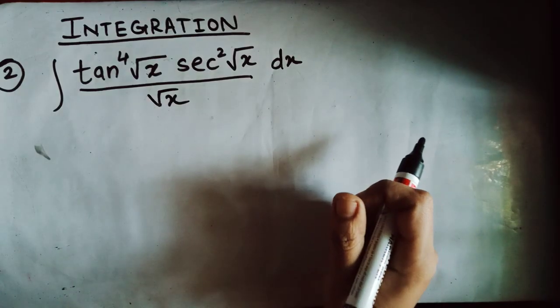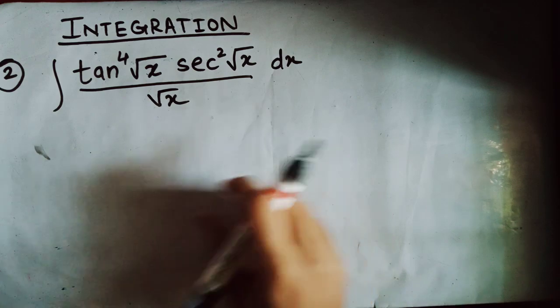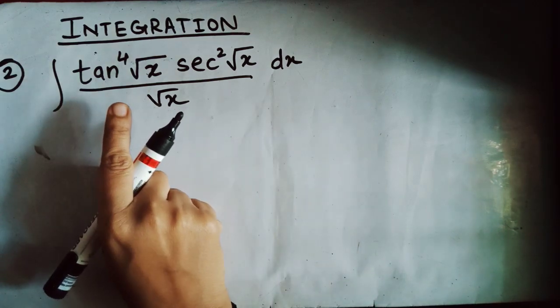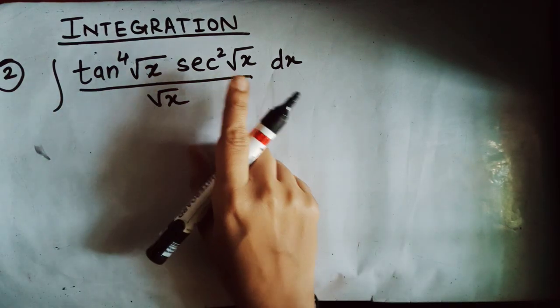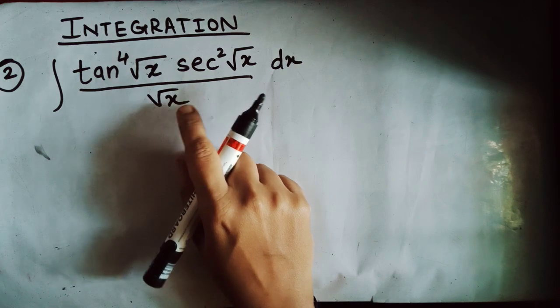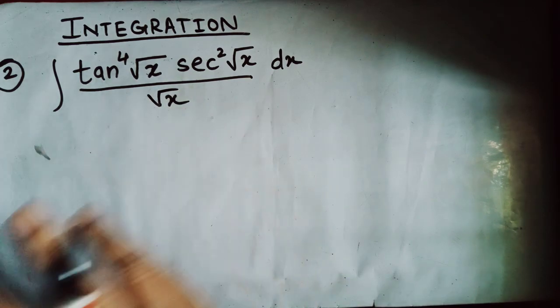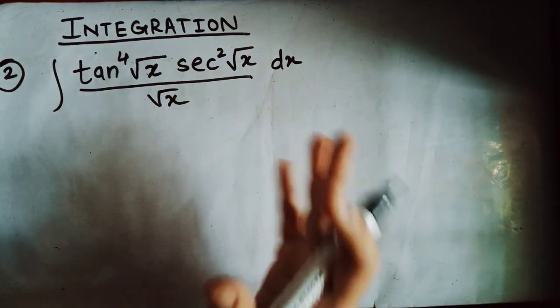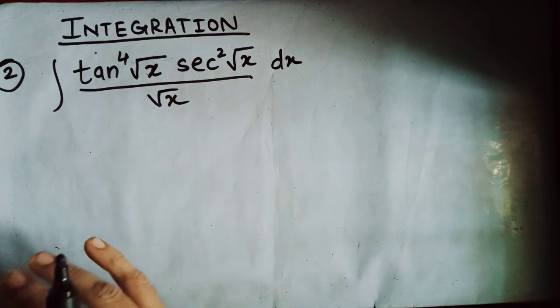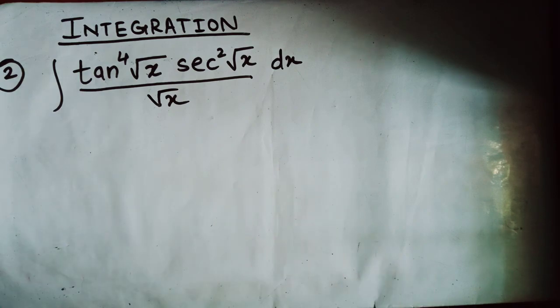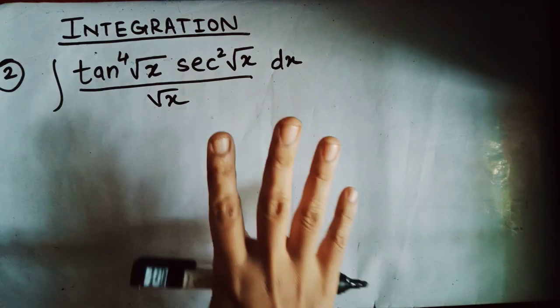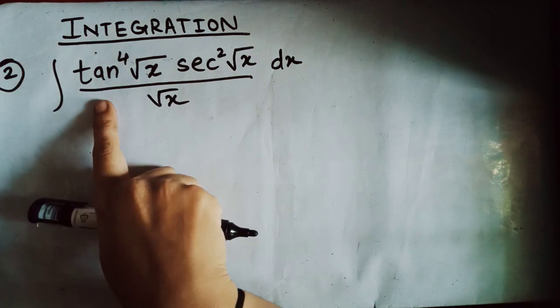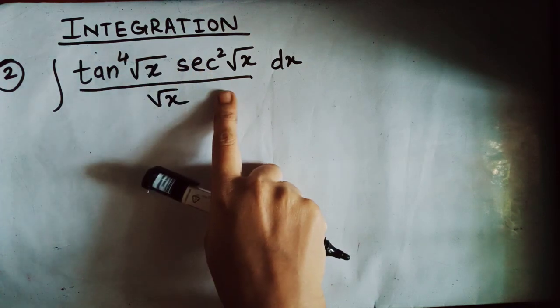Here is another example. Here it is given 10 raised to 4 root x, sec square root x upon root x. Now you have to choose the term which you have to take as t. So you have to first see if the derivative of that term exists or not. If I take tan as t, the derivative of tan will be what? Sec square, right?